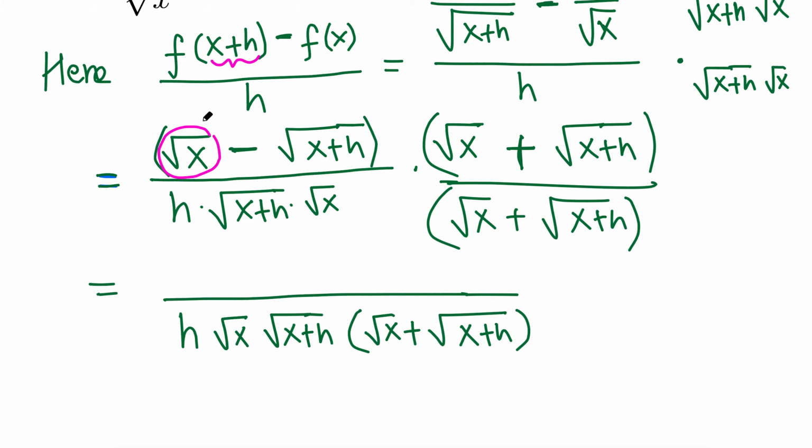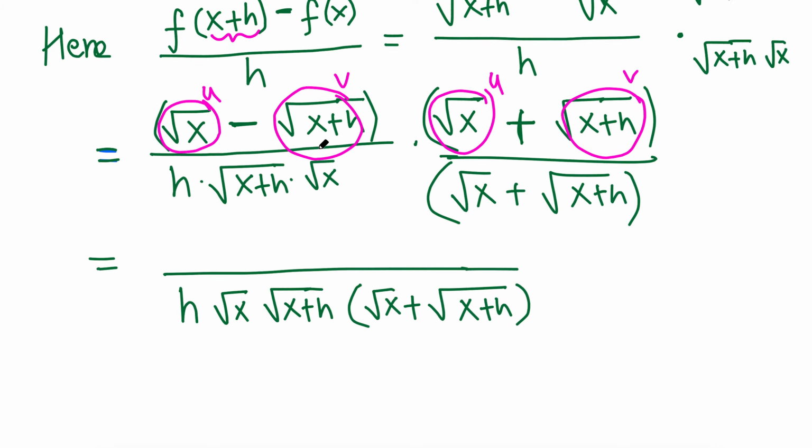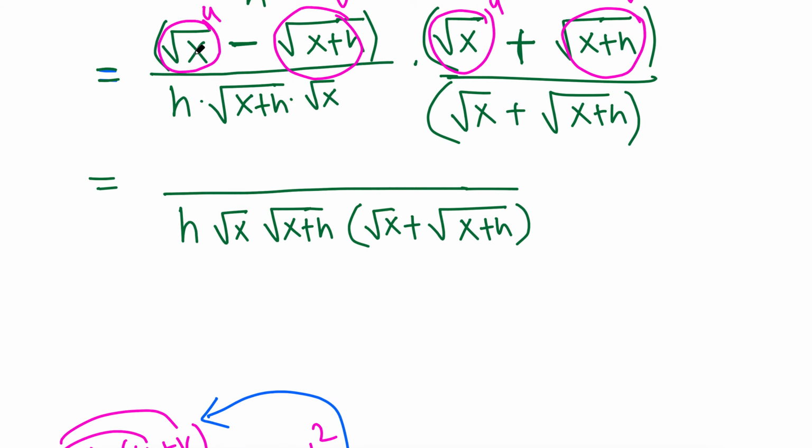We have the same situation here. We can think of u minus v, u plus v. When we multiply, the middle two terms cancel, so simply u squared minus v squared. Going through this, u squared means root x squared, and as long as x is positive, we just write x.